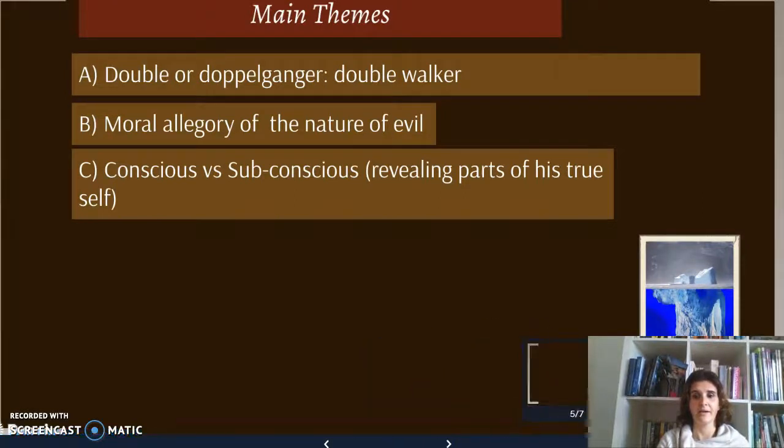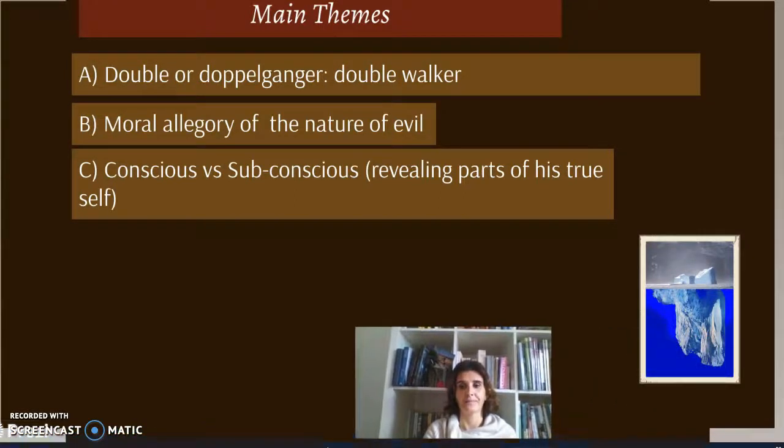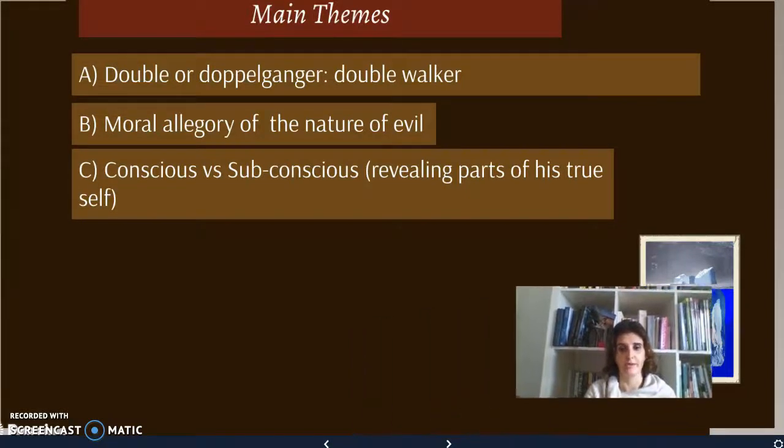And here I've put the image of an iceberg, where you see that the emerging part is very tiny, very little, whereas the submerged part, which is the subconscious, is really big, is great, and is something hidden, something that you can't see, but that in some ways sustains and reinforces the idea of your conscious part.